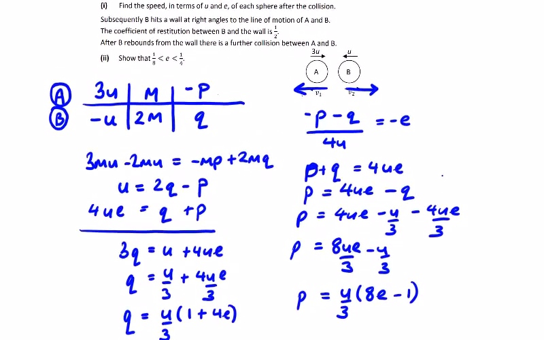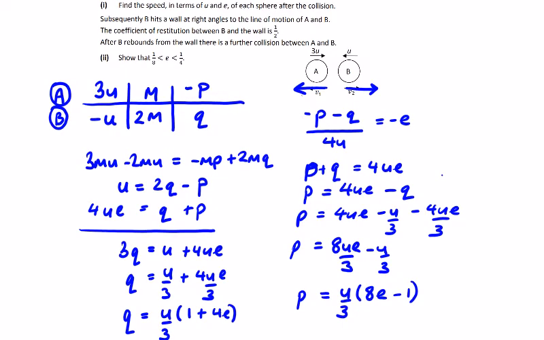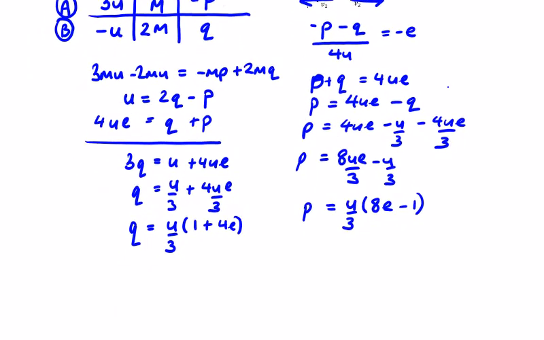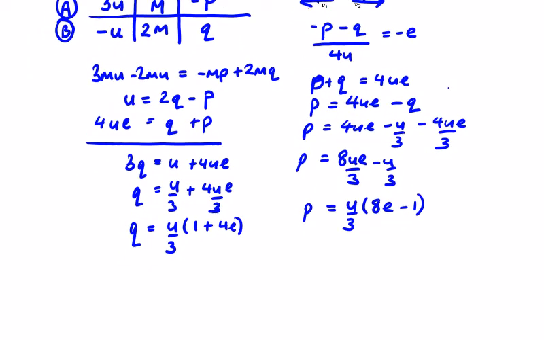What are they asking in part 2? Subsequently, B hits a wall at right angles to the line of motion. The coefficient of restitution between B and the wall is 1/2, so that means B's speed is going to slow down. So Q over 2, it slows down when it hits the wall. We'll call this new speed, which is equal to u over 6 times 1 plus 4e.